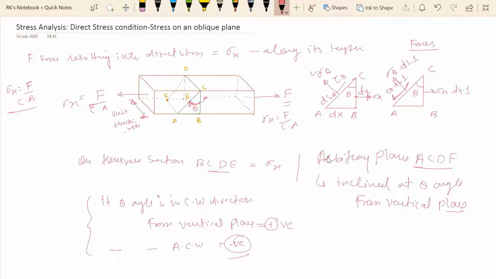As we know, this component is in equilibrium, so we can apply the force equilibrium condition over this component.